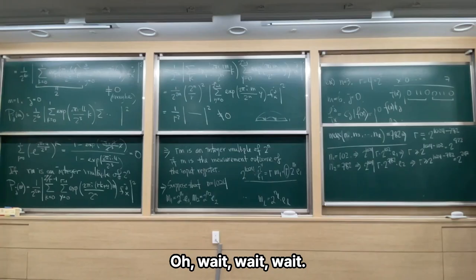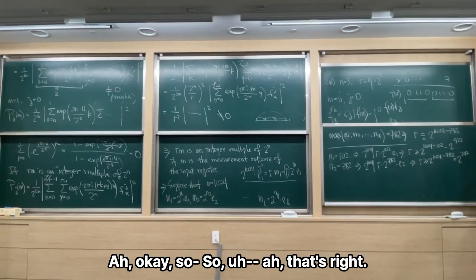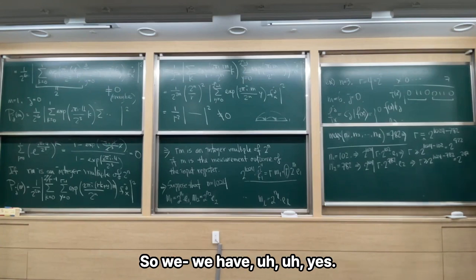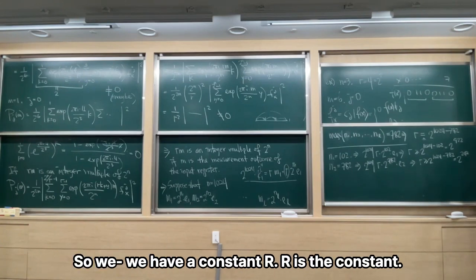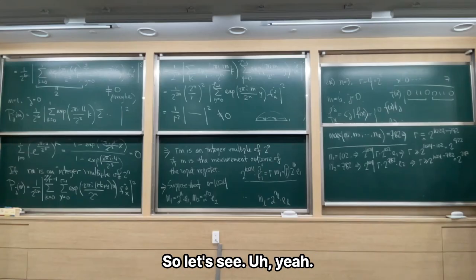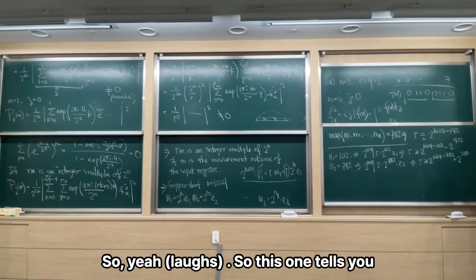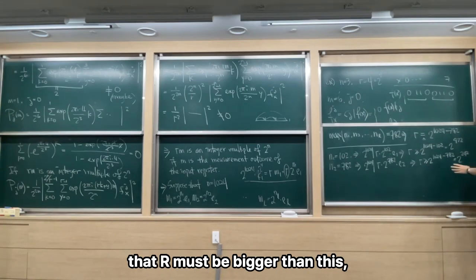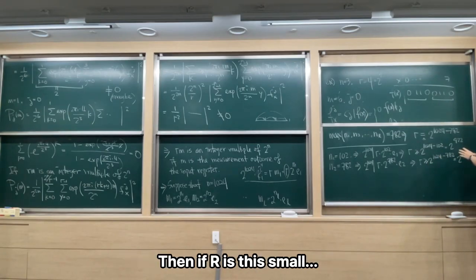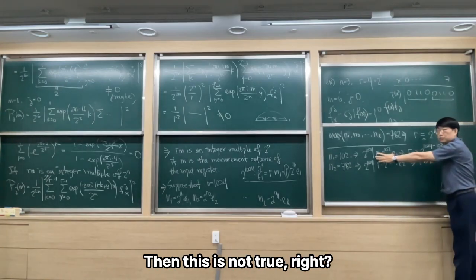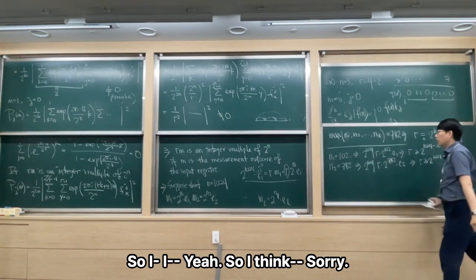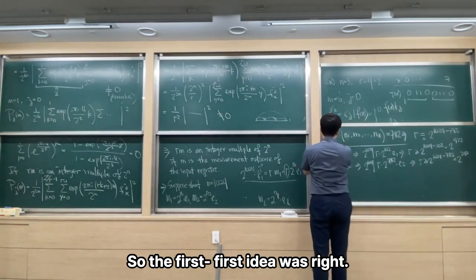Oh, wait. Okay. So that's right. So we have a constant R. R is the constant. So this one tells you that R must be bigger than this. This one, R is bigger than this. Then if R is this small, then this is not true, right? So, sorry, the first idea was right.